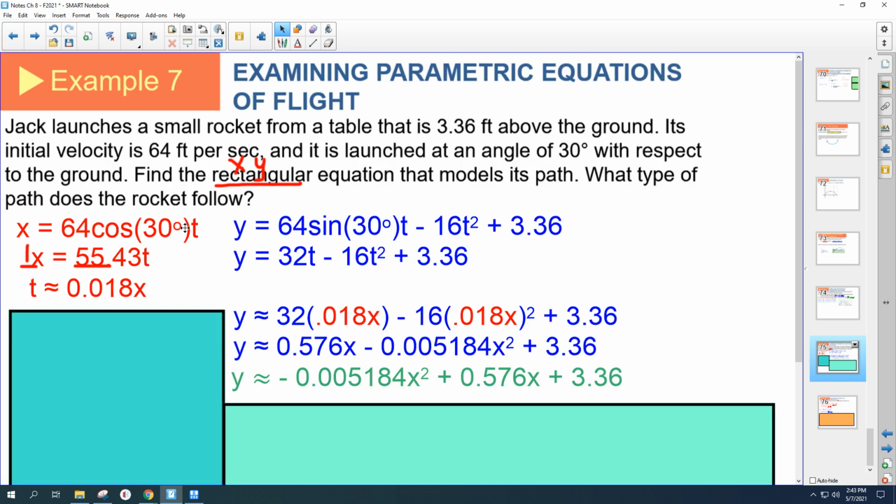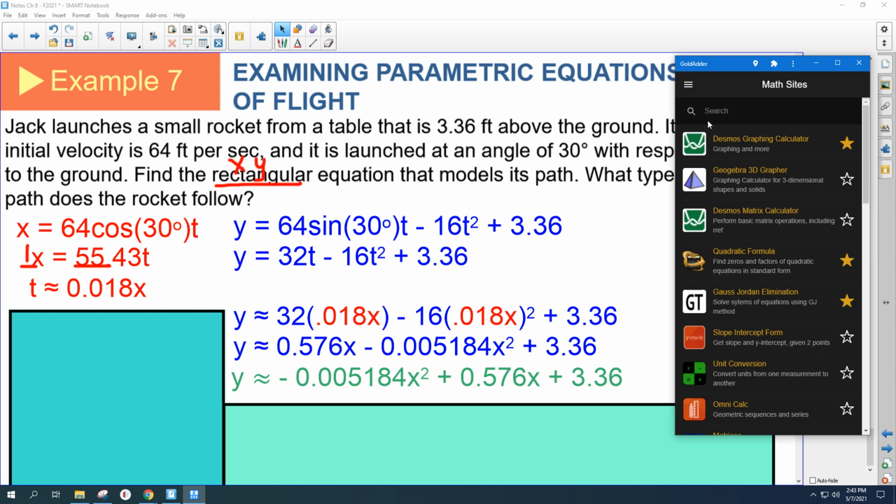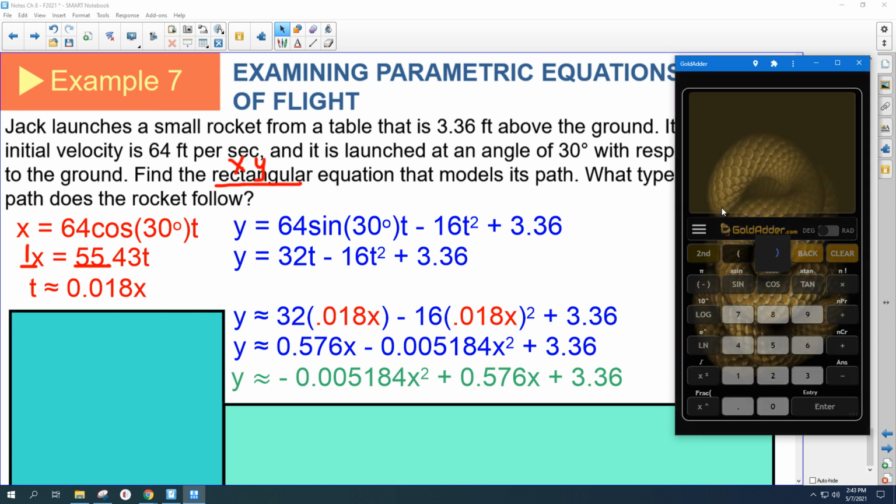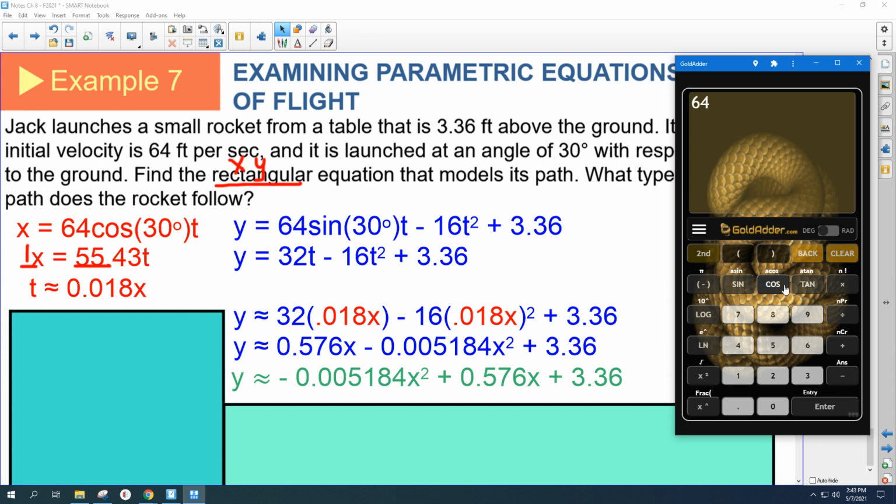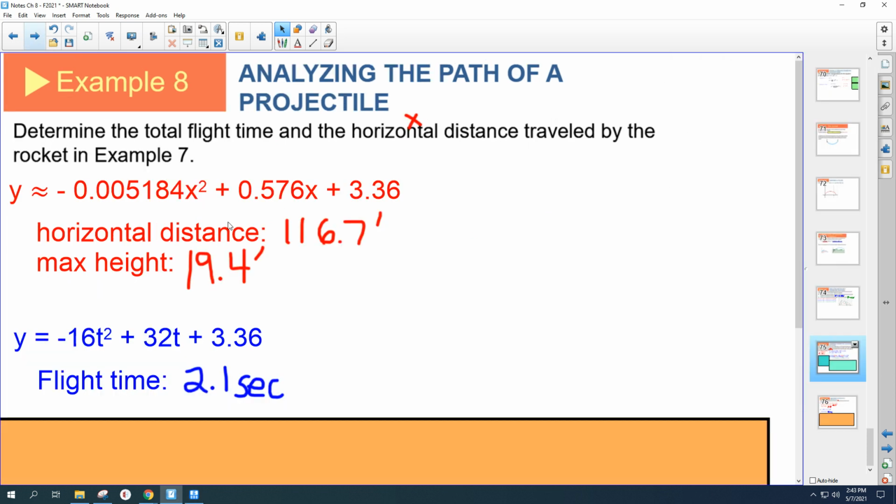X was 64 cosine 30 times that t number, 2.1, times the time. 64 cosine 30 times 2.1 should give me the x number, 116.4. So we're off a little bit, but the only reason is because it's been rounded somewhere. That 2.1 is just approximate, but there's your 116.4, 116.7. So do it graphically, do it algebraically. Either way, there you go.